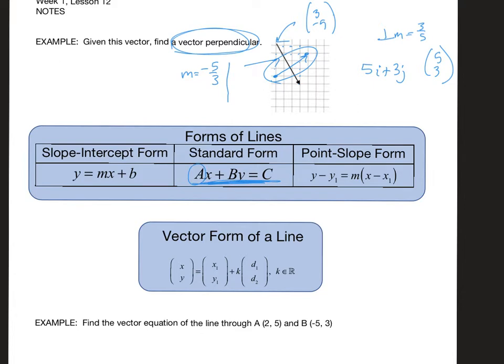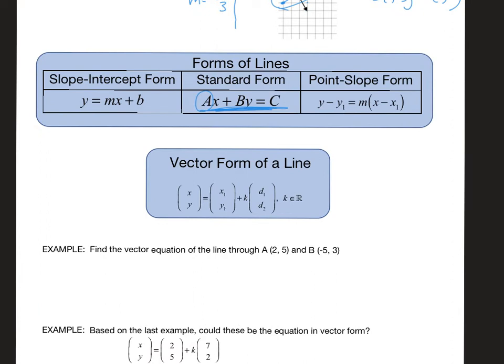The new one that you're learning today is the vector form of a line, which I know looks really weird, but it's not that different from slope-intercept form. In slope-intercept form, this letter represents a starting point. When you go to graph that, it's on the y-axis.